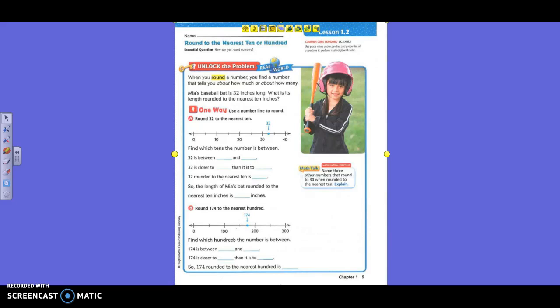So they have 32 right there for you. Find which tens the number is between. 32 is in between what two tens numbers? What's the first number, Xander? 30.